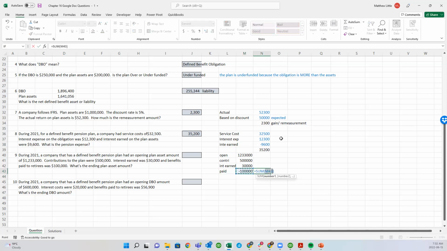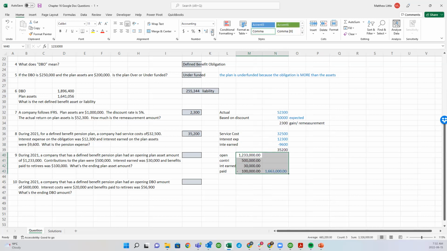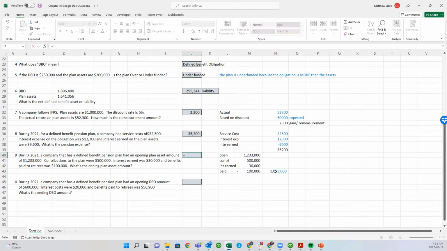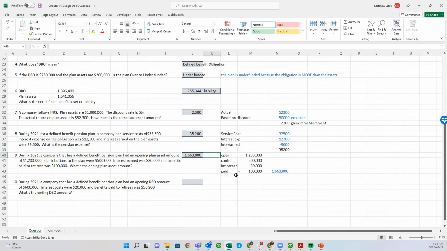So we sum up those components. This is our asset, not our obligation. Opening plus contributions, plus any interest earned, less any payments made to retirees, equals our closing plan assets of $1.663 million.